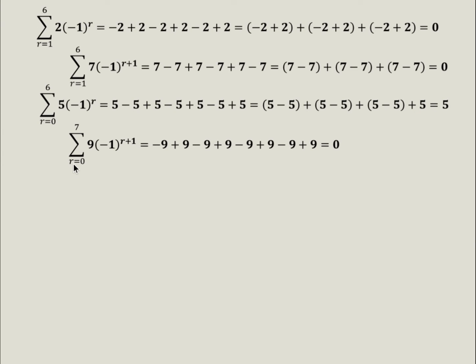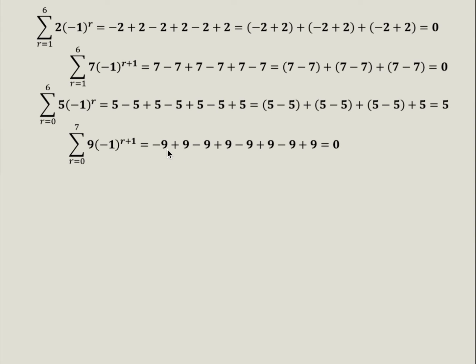Another example before we make a general conclusion: summation from r equals 0 to 7 of 9 into negative 1 to the power r plus 1. When r is 0, you get the first term as negative 9, and when r is 1, you get the second term as 9. Again, the terms alternate between negative and positive until you have 8 terms, because summation from r equals 0 to 7, there are 8 terms: 7 minus 0 plus 1.